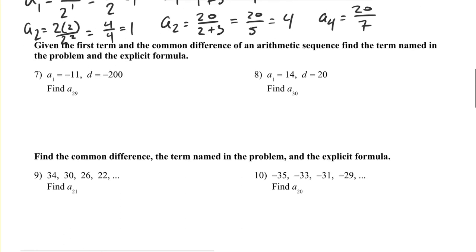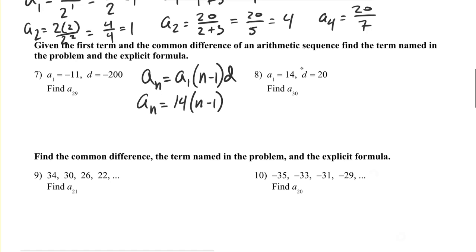8, given the information, find the term named and the explicit formula. Remember, our explicit formula for an arithmetic sequence is the first term plus the quantity n minus 1 times d. So our equation then would be the first term, which is 14, plus n minus 1 times our common difference, which is 20.